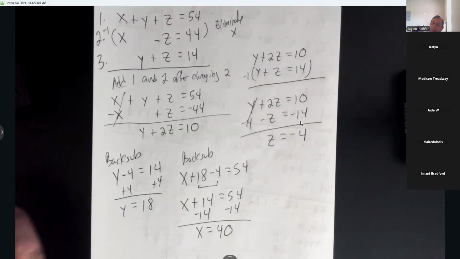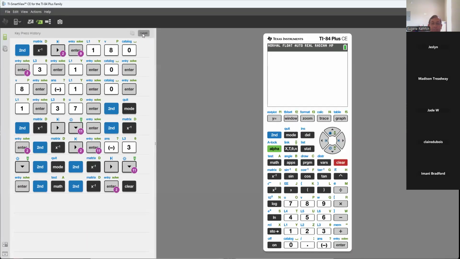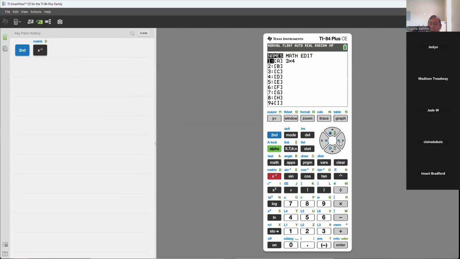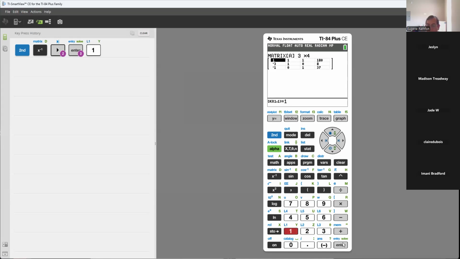So y'all, let me see if I can actually get it on the calculator right this time. So let me clear everything off. Second, x -1, go to edit and enter. 3 by 4. So you had 1, 1, 1, 54. So the sum of my 3 numbers was 54.